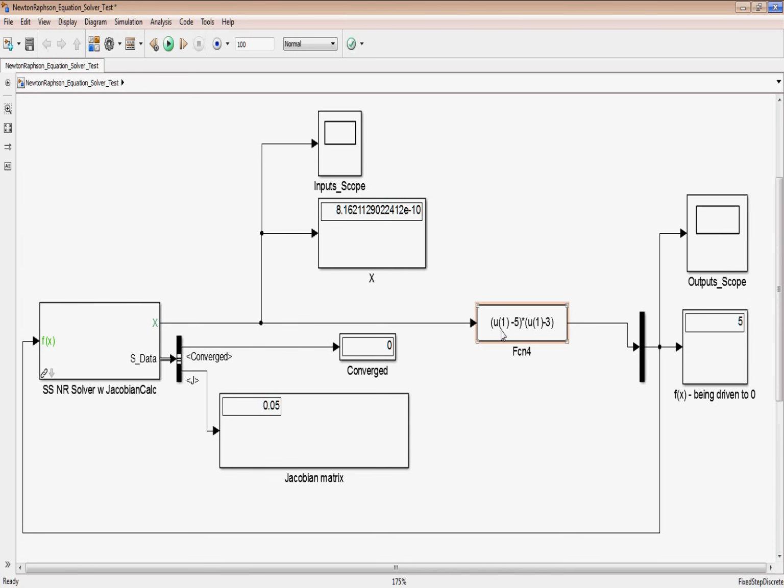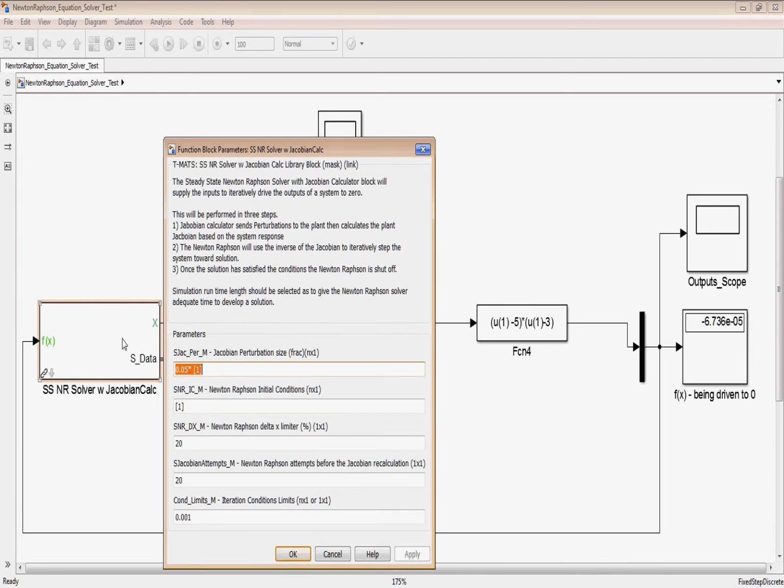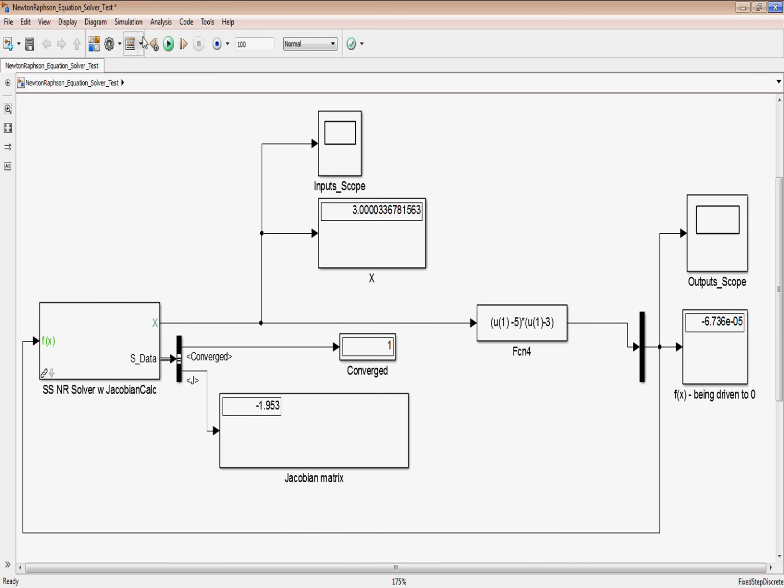You could do 5 or you can get 3. If we run that, you could see in this case we got 3. And it's a good convergence because this is 1. So maybe we want 5, and so really you're going to want to change your initial condition. So let's say we change it to 4.5. We run that. Okay, we got 5.